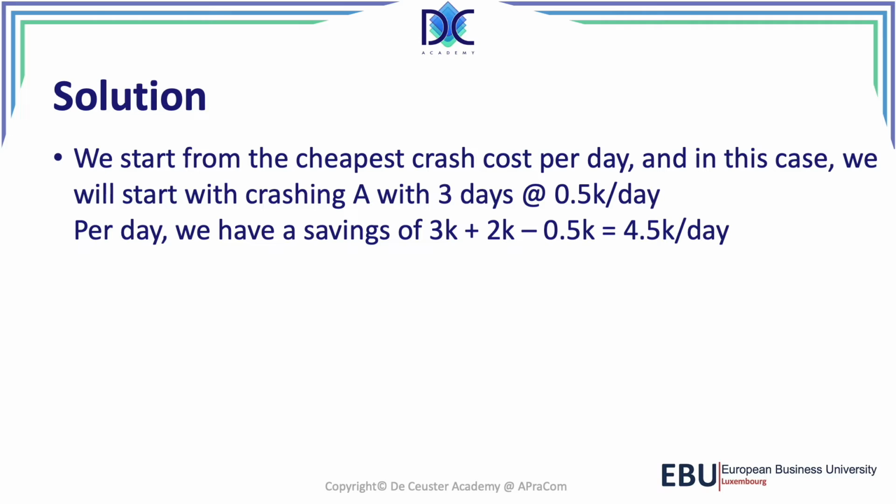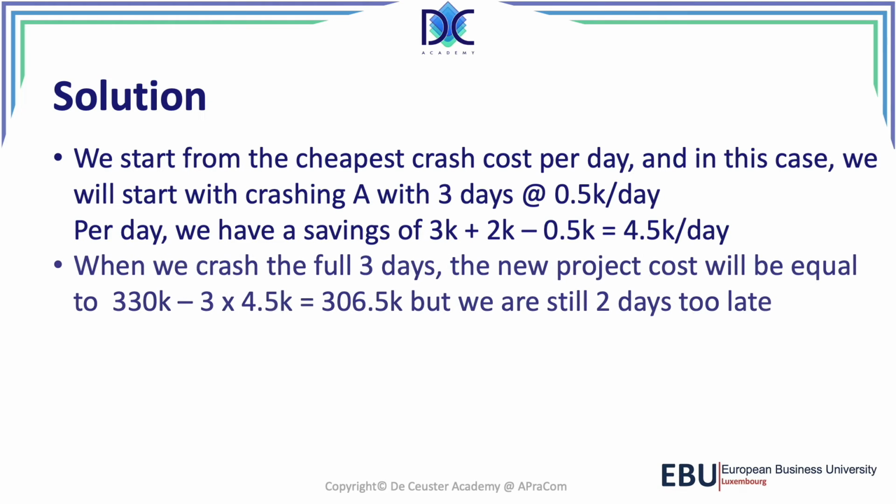So every day we crash activity A, the project cost will be reduced with 4.5K. So we have the 3 full days. So we have 320K where we started from, minus 3 times 4.5 brings us to 306.5K.